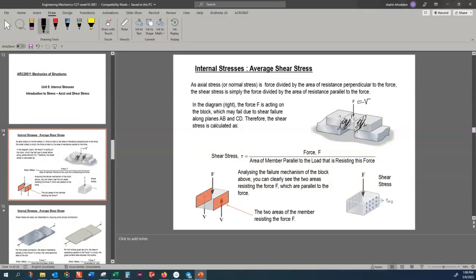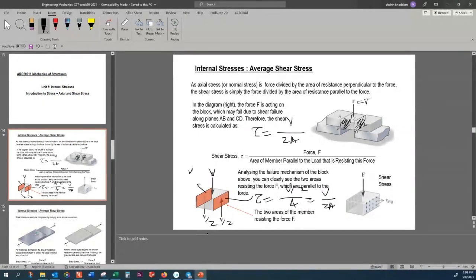So if I want to find that shearing stress, I either have to divide V by 2 areas, or if I make a free body diagram, this is the shear force, this is V by 2, this is V by 2. Then on each surface, the stress here is V by 2 divided by area, which is V by 2A.